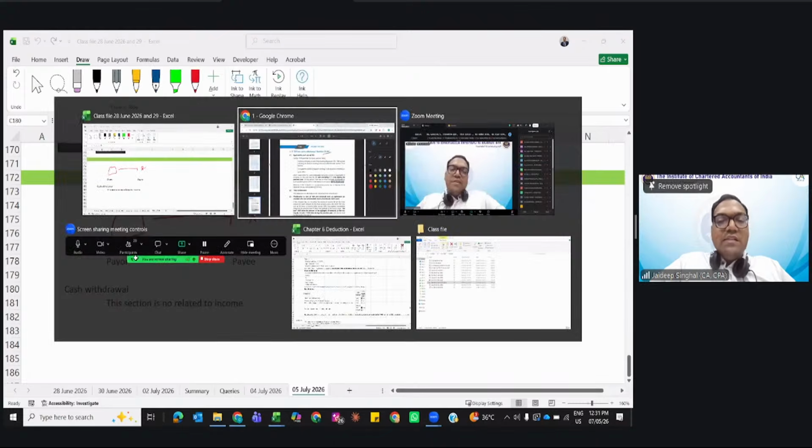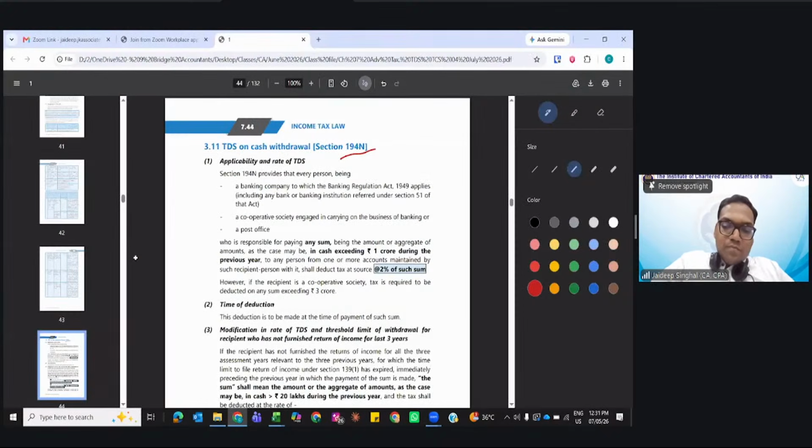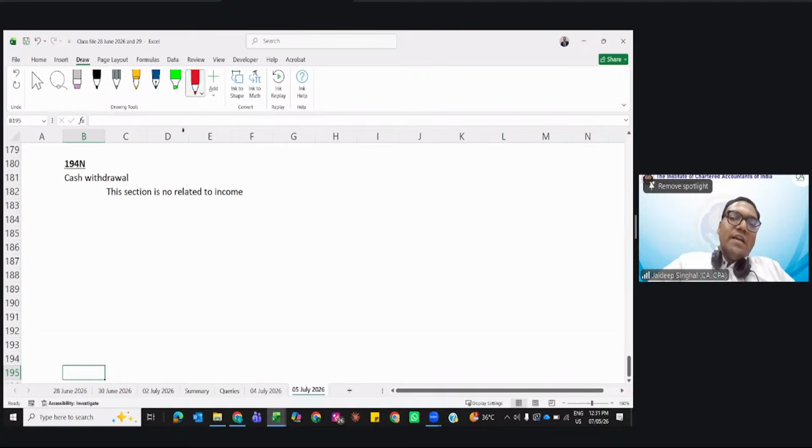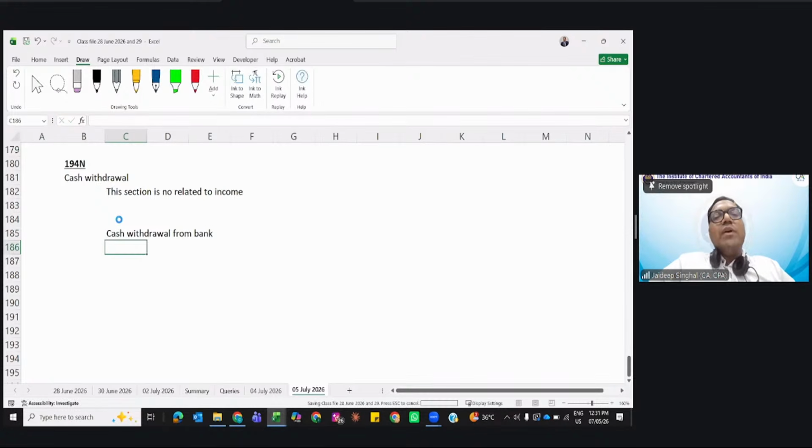Let's suppose I go to the bank and I withdraw cash. I had money in my account. Is the cash withdrawal from my own account my income? The answer is no. I can withdraw as much money as I have in my account. So there is no income. Cash withdrawal is not income.